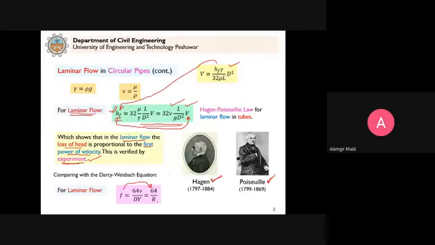And this equation you use in laminar flow conditions in the pipe to calculate the friction factor, and then that friction factor you use in the Darcy-Weisbach equation to calculate the head loss. Clear? This is how it comes.